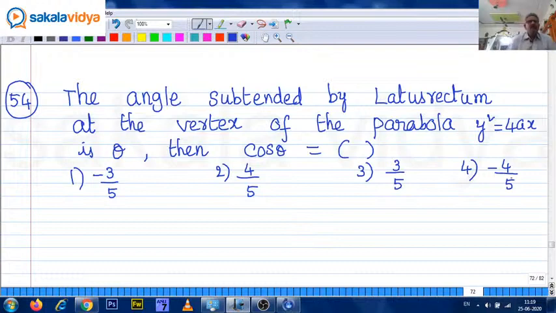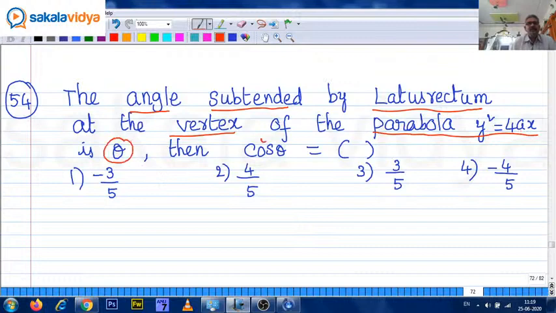The angle subtended by the latus rectum at the vertex of the parabola y square is equal to 4ax is theta. Then the value of cos theta we need to find out.